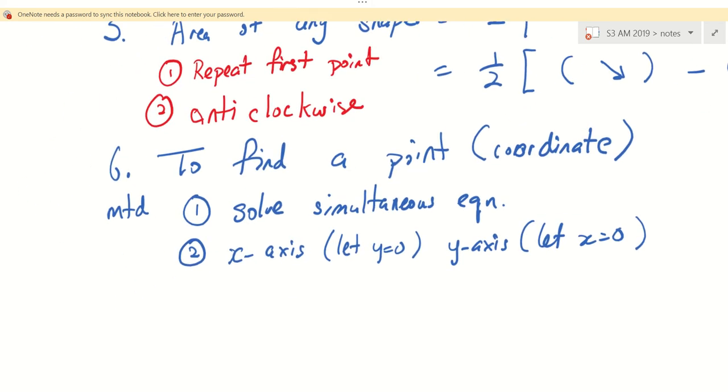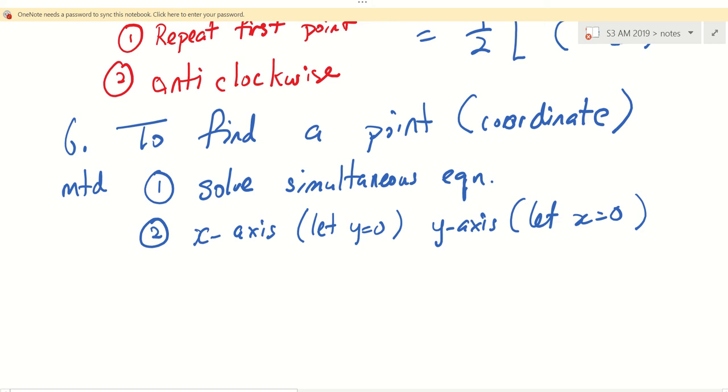Can I show an example on simultaneous equations? Can you refer to your worksheet? So I use the worksheet and then I write down.